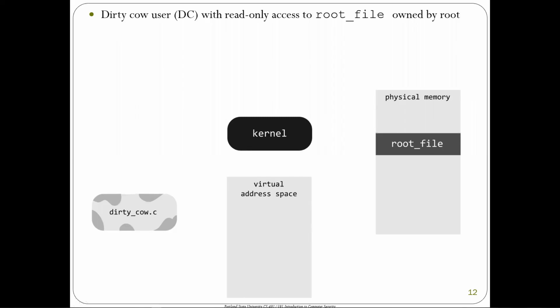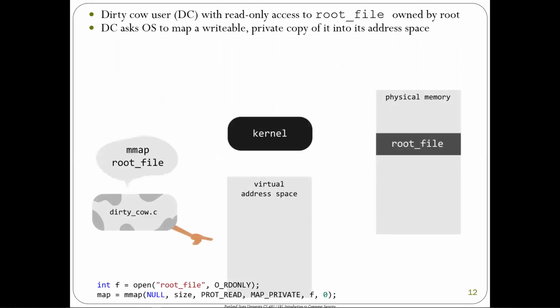So that's the setup. The first thing that happens is that the Dirty Cow program asks the operating system to map a writable private copy of this sensitive file into its address space. So say it has just read-only access to this, but it wants to create a file that it can modify in memory. And this is allowable.